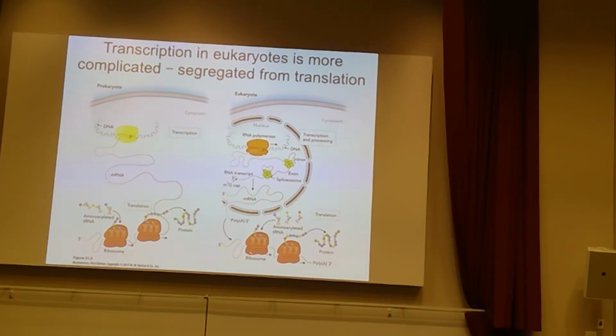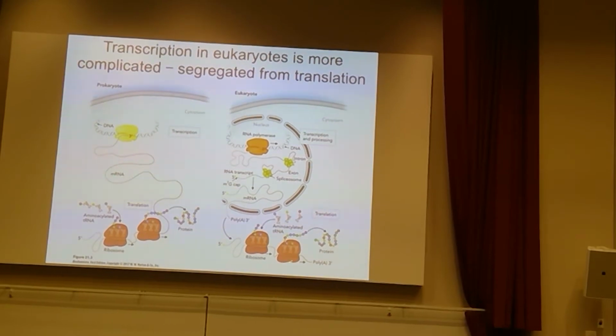That mature mRNA then gets exported through the nuclear pore out into the cytoplasm, where it can then be read out by the ribosome. So we need to understand this process in order to figure out what is really going on in a eukaryotic system prior to thinking about the translation of the mRNA message into protein. Okay? So in prokaryotes, transcription and translation are coordinated and can take place in the same part of the cell, and in eukaryotes, these are segregated.